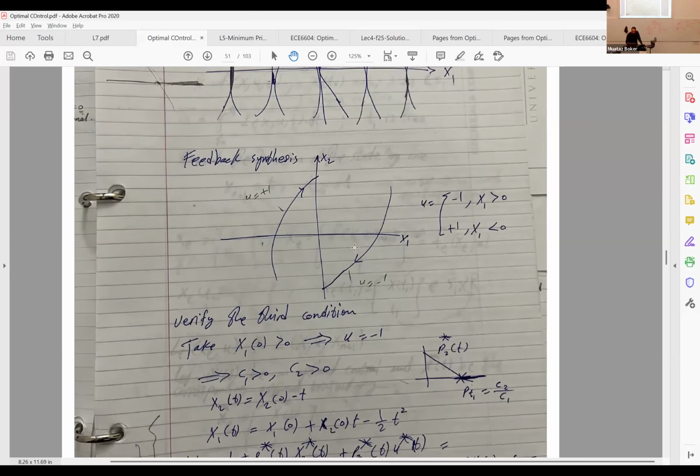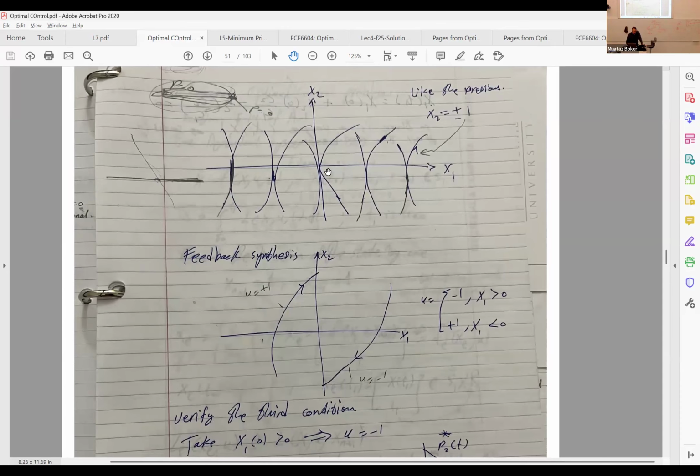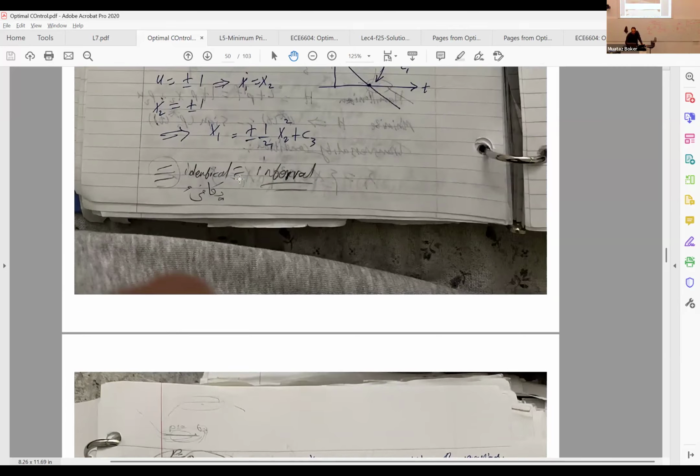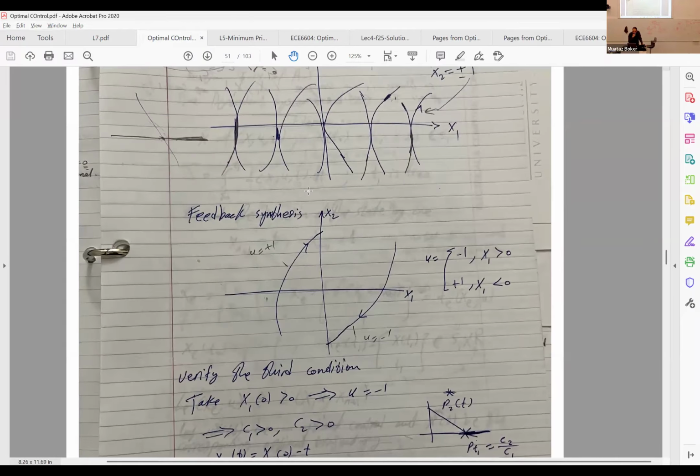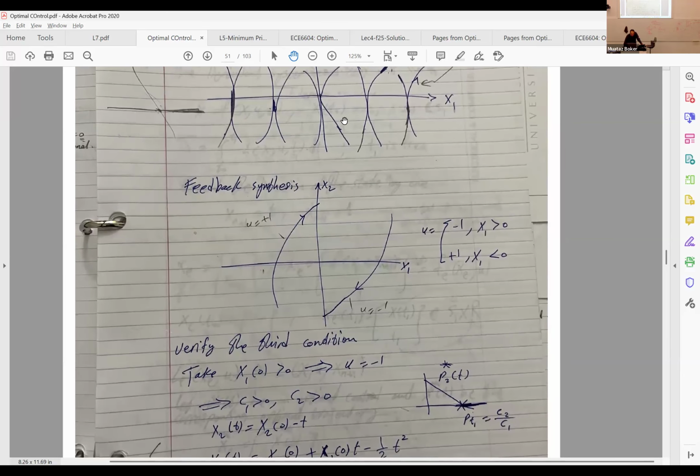Let's go back to our case. Whether you have this one or that one depends on C3, by the way. That depends on the initial and final conditions of X. Keep that in mind. So the feedback strategy that we have depends on X1, meaning to the right of the arc or to the left of the arc.